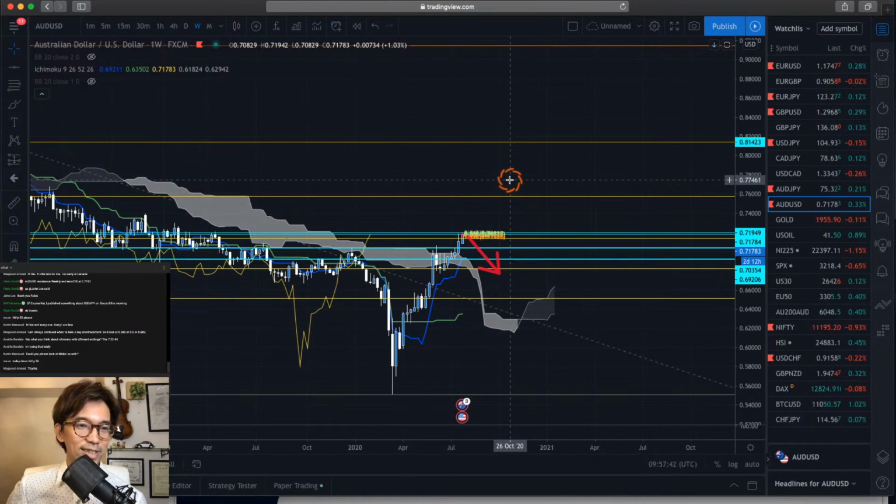Because I used to do it. I used to shift the Kumo to the current candle, or shift the Tenkan-sen and Kijun-sen 26 forward, and I was also changing these numbers. I did it when I was not really winning, but I realized that it's not really the point.